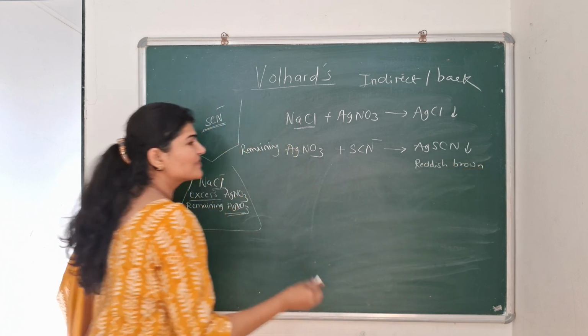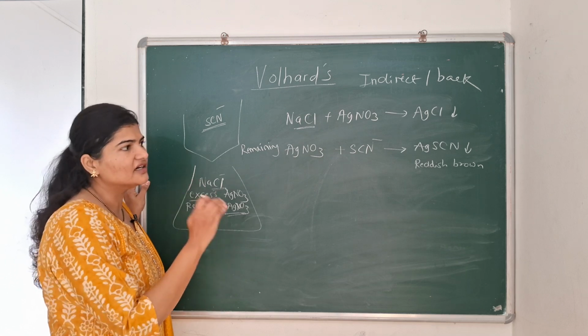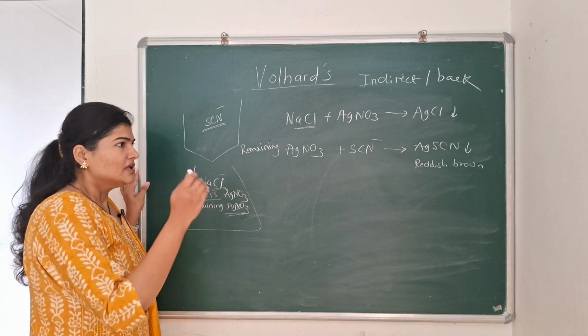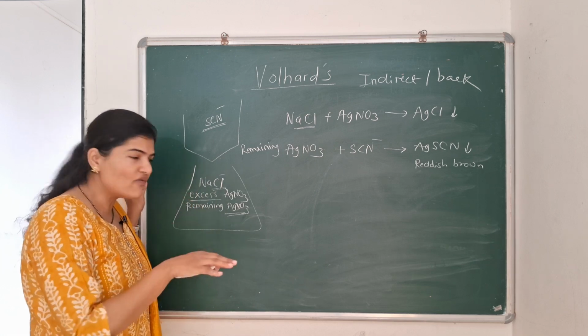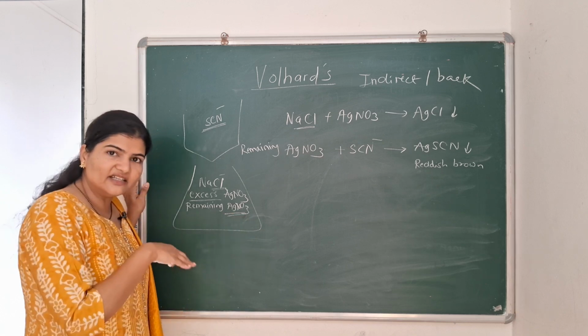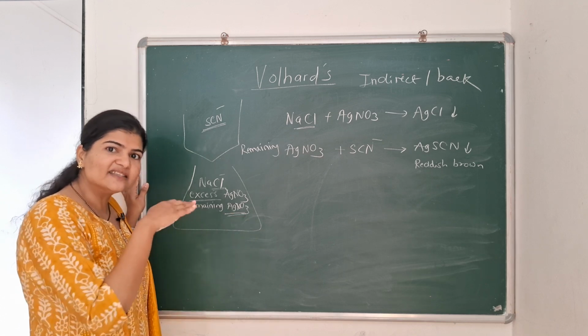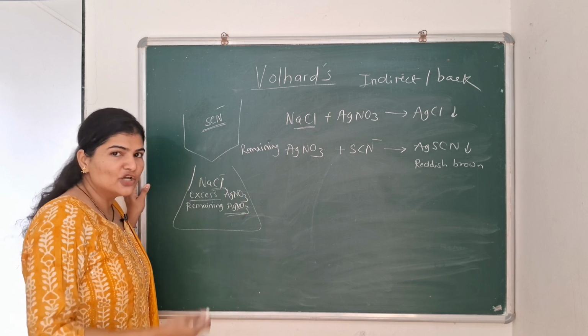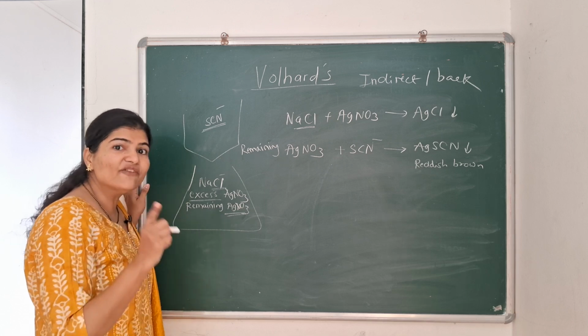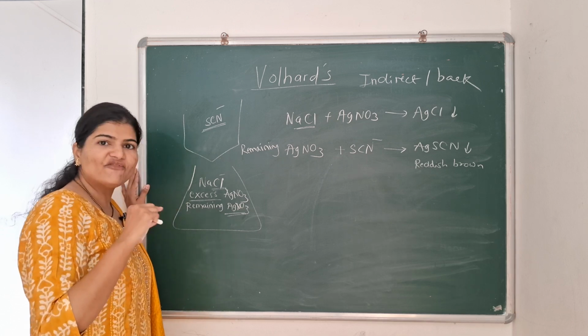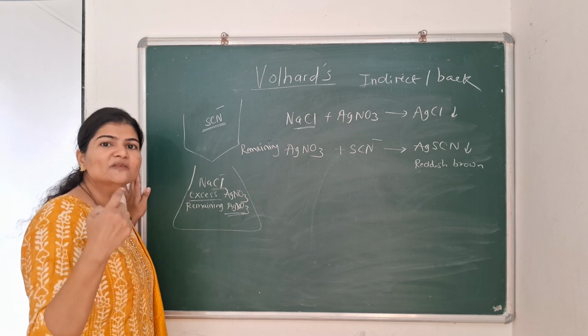So at the first point I am going to get a colored PPT, but now how will I come to know that the reaction is over, that all the remaining silver nitrate has reacted with the thiocyanate? So I have to use an indicator. So which indicator will I be using? I will be using ferric ions, in the form of ferric nitrate or ferric ammonium sulfate.